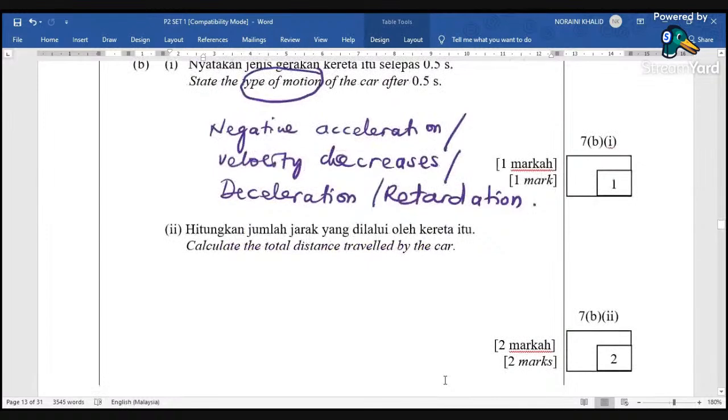Okay, V2, calculate total distance. Distance is a scalar quantity, so no need to consider direction. So just calculate the area under the graph. You can see the shape is a trapezium, so we are going to use the formula for a trapezium. Total distance equals the area under the graph.